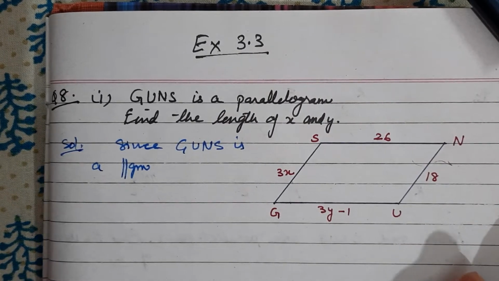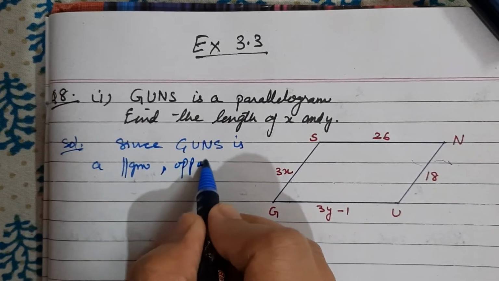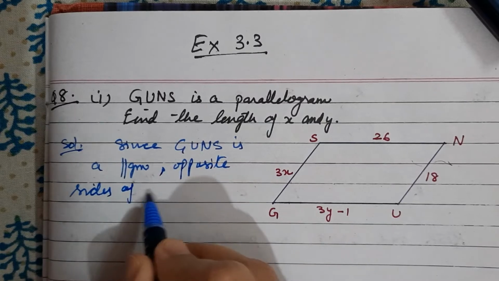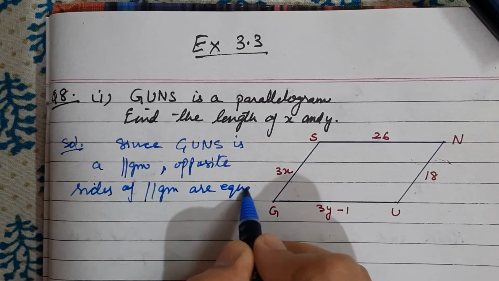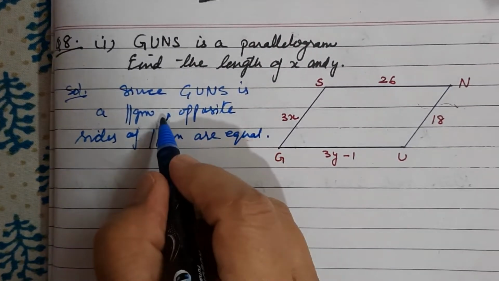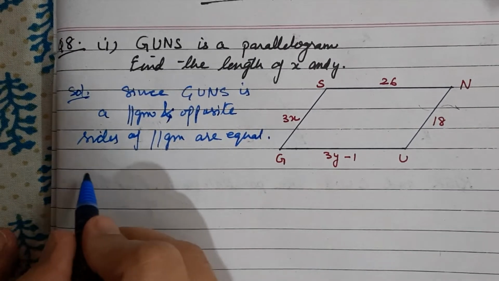So related to sides of a parallelogram, here opposite sides of a parallelogram are equal. This is a property which will be used here. Opposite sides of a parallelogram are equal.